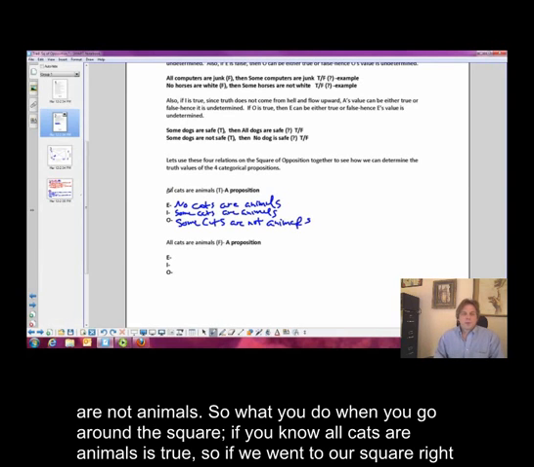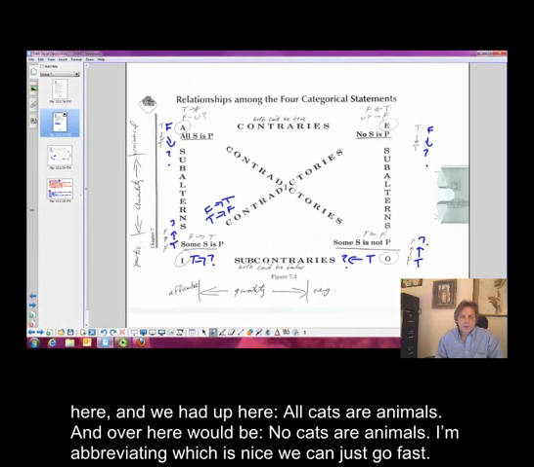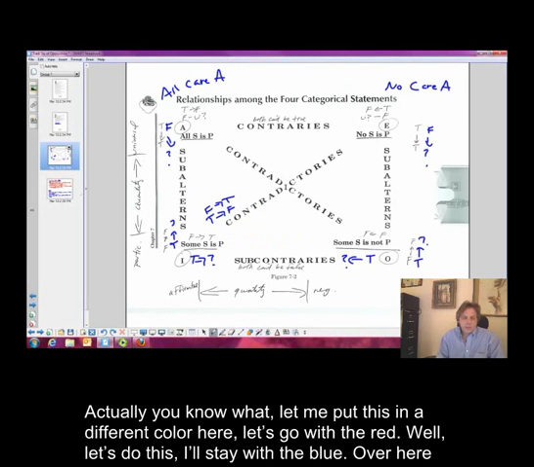Okay, so what you do when you go around the square, if you know all cats are animals is true, so if we went to our square right here, and we had up here, all cats are animals, right? And over here would be no cats are animals. I'm abbreviating, which is nice. We can just go fast. Let me put this in a different color here. Let's go with the red.